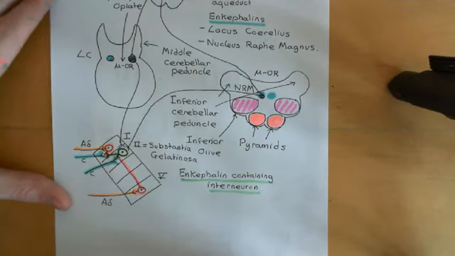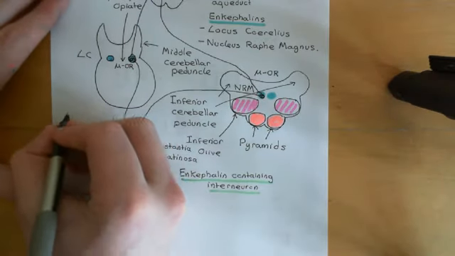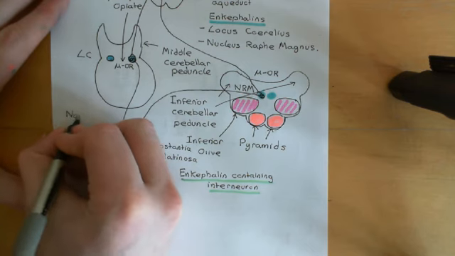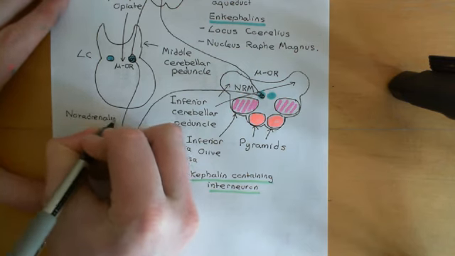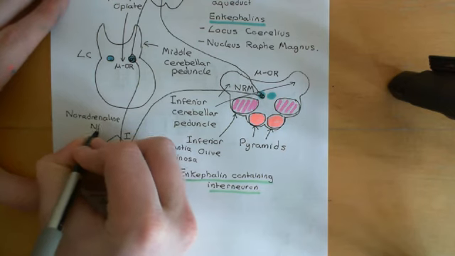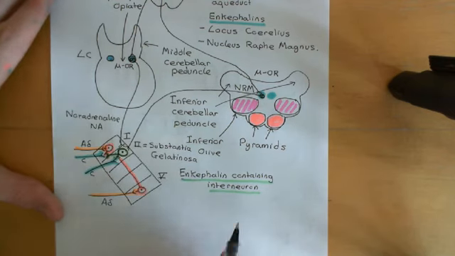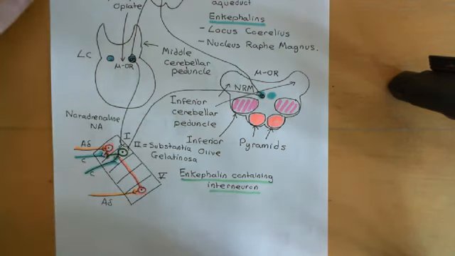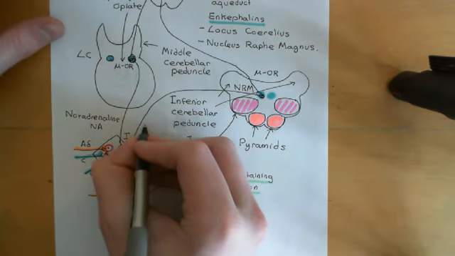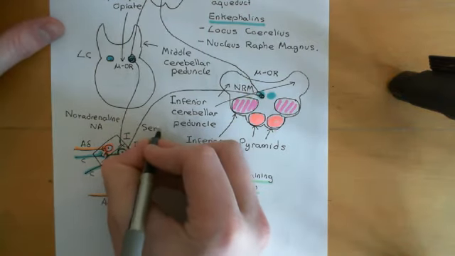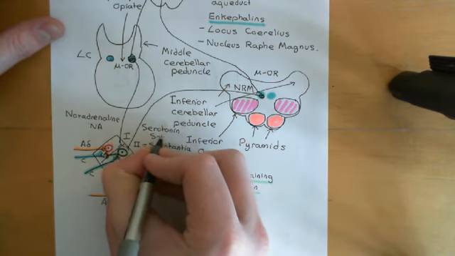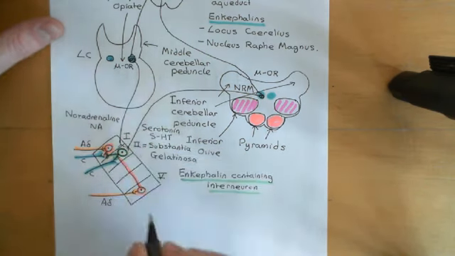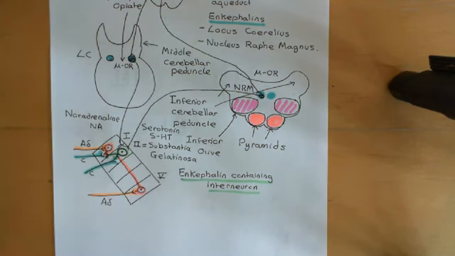Now, neurons in the locus coeruleus use the neurotransmitter noradrenaline, which we'll just abbreviate down to NA, whilst neurons in the nucleus raphe magnus use the neurotransmitter serotonin, which is often abbreviated down to 5-HT because its more proper name is 5-hydroxytryptamine.